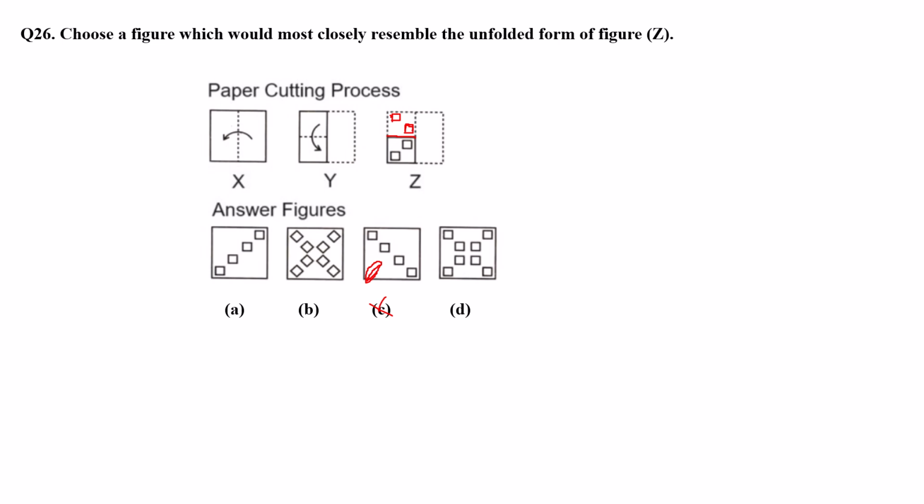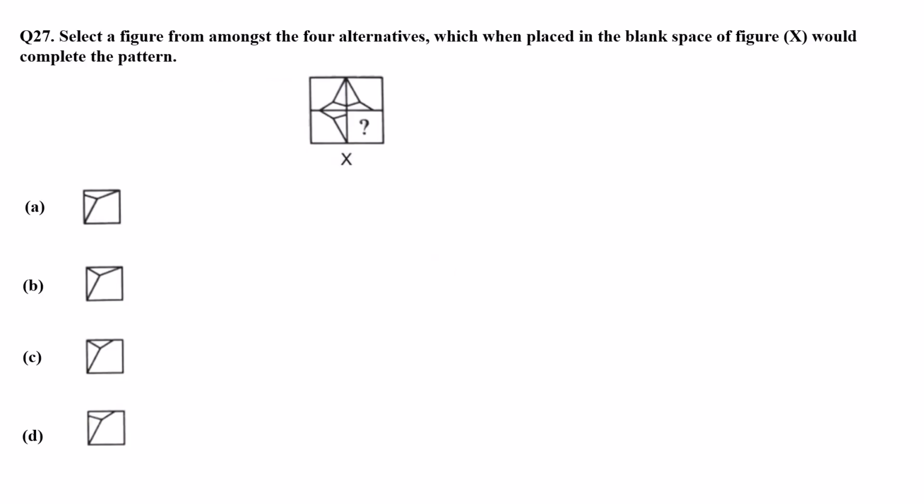Now see where this figure is matching. I can see that the figure is matching only in option D, isn't it? Now when you open this completely, what will happen? This complete half part will come over here, and you will get the shape like option D. So the correct option is answer D.